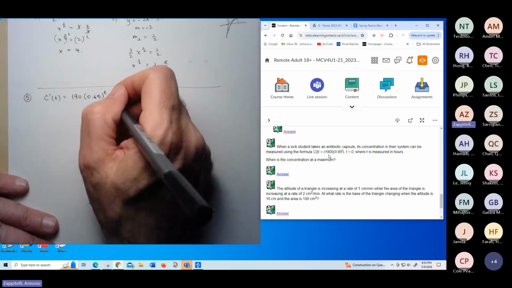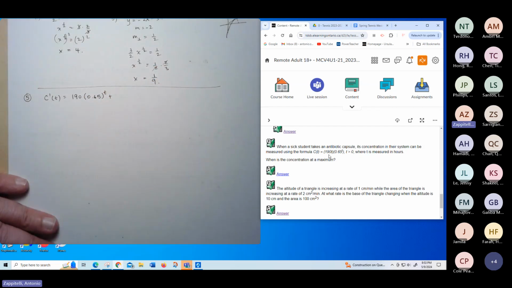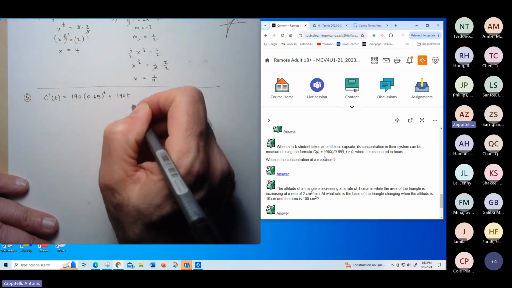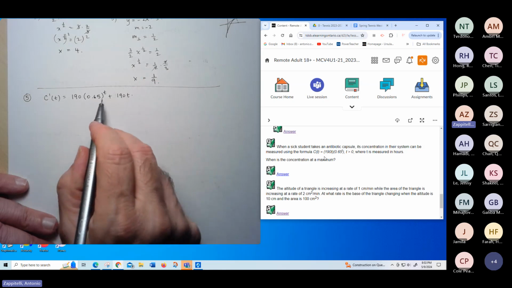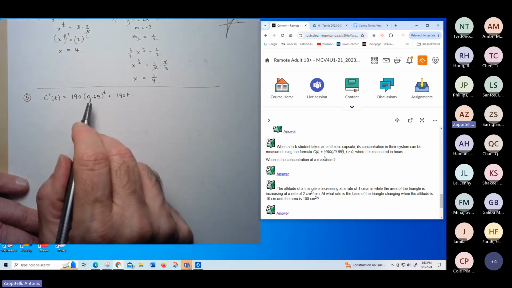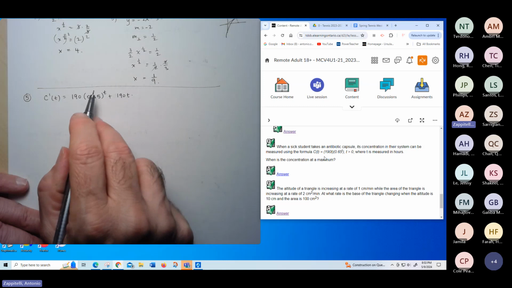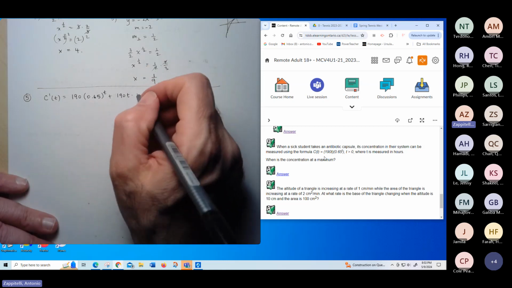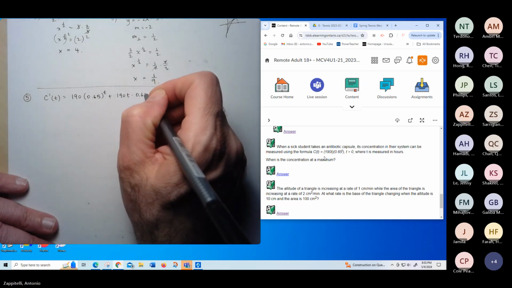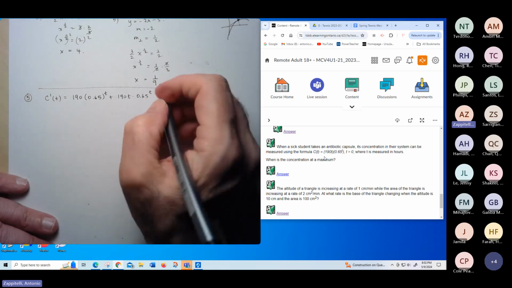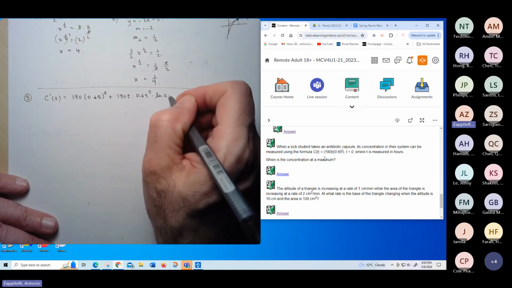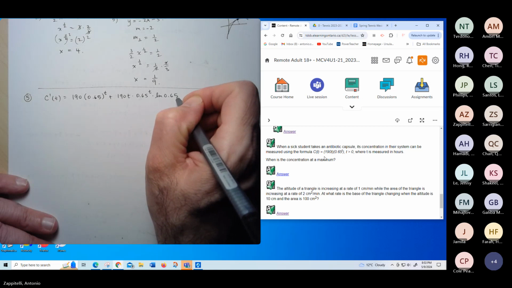Okay, plus now we're going to take the second function, 190t, and multiply by the derivative of the first function. But again, this is an exponential function. So an exponential function, its derivative is itself. Okay, but then times the natural logarithm of the base.